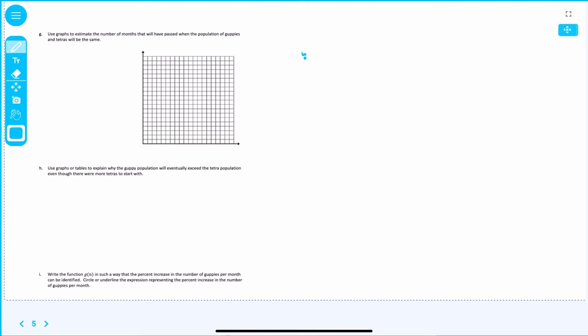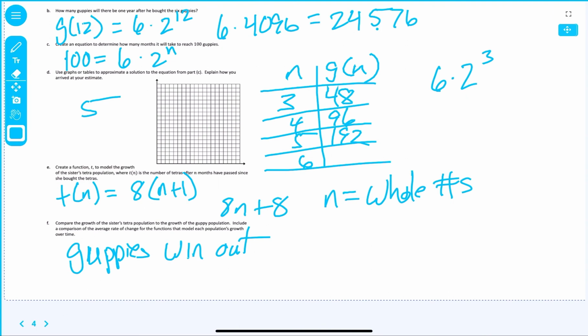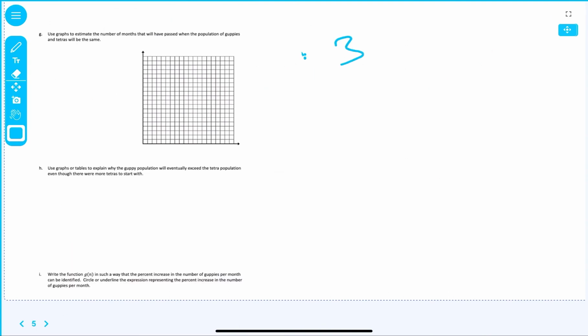Let's look at, when we had the 3 for the guppies, we had how many? 48. 3 equaled 48. And for the tetras, that was how many for 3? 3 times 8 would have been 24, plus 8 would have been 32.